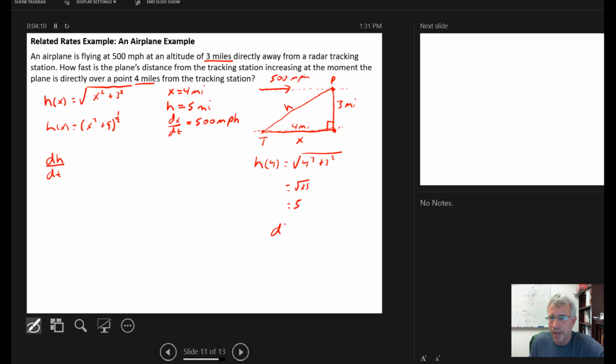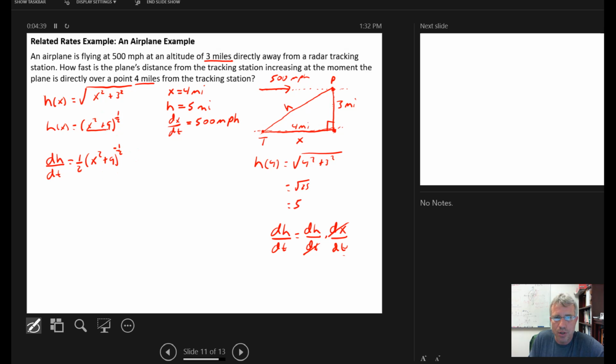And I want to recognize that, because I have h described as a function of x, dh/dt is going to be dh/dx, and then I'm going to need to multiply by dx/dt to get dh/dt. So I need to take the derivative with respect to x. I'm going to get 1/2 times x squared plus 9, subtract 1 from that exponent.